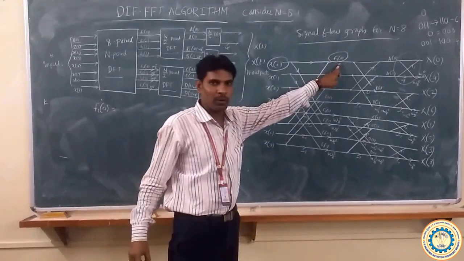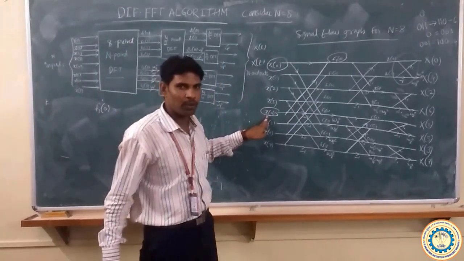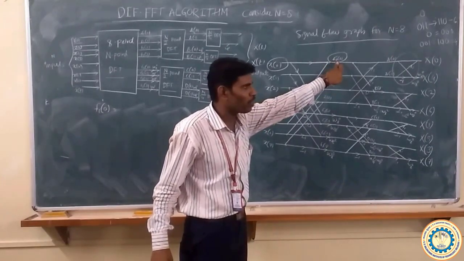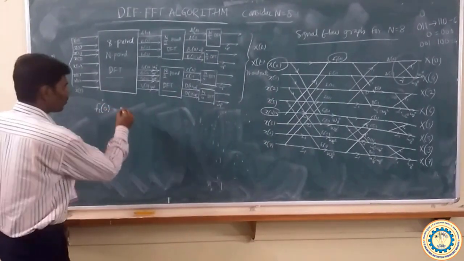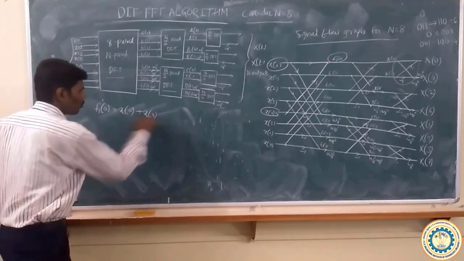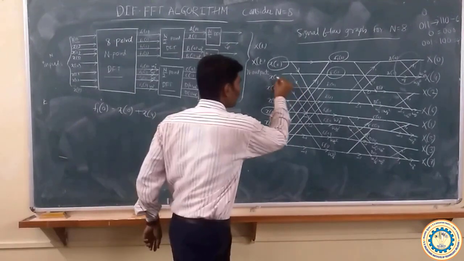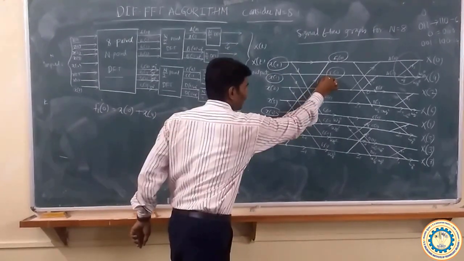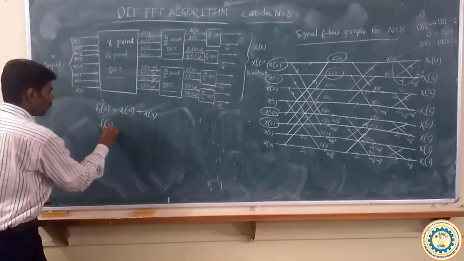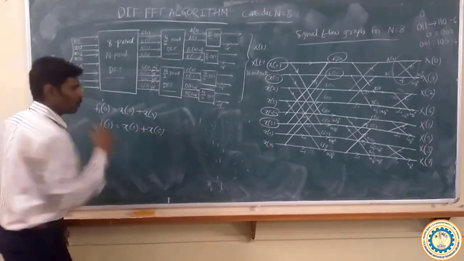So these two will be added here and will produce the output, which we will call f1 of 0. So I can write f1 of 0 is equal to x of 0 plus x of 4. Similarly, for f1 of 1, one input is x of 1 and another input is x of 5. So f1 of 1 is equal to x of 1 plus x of 5.